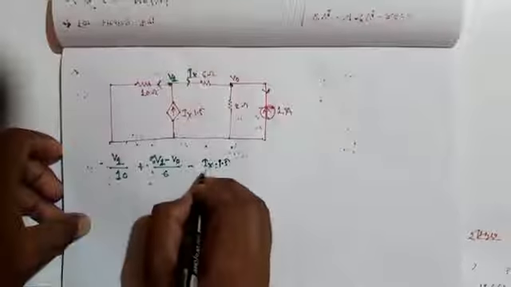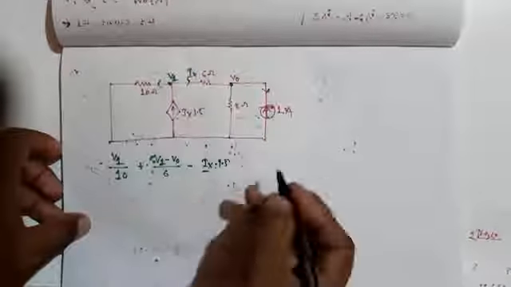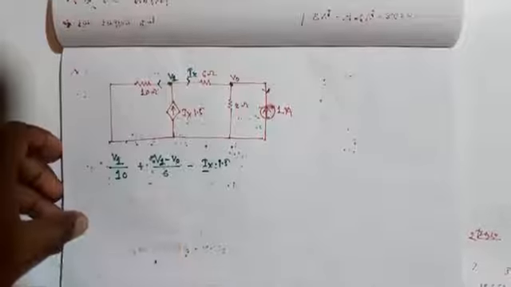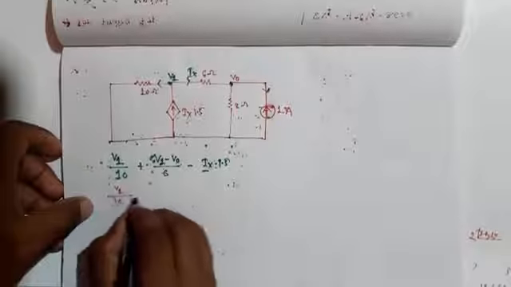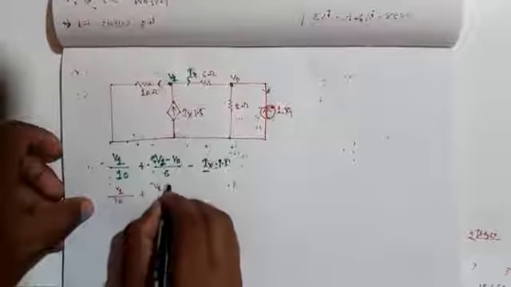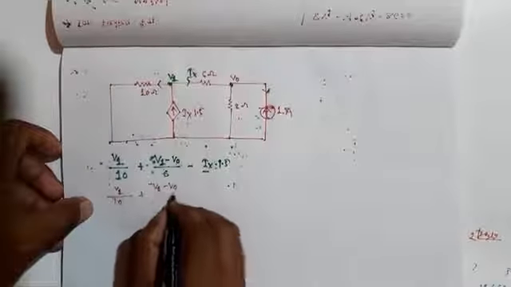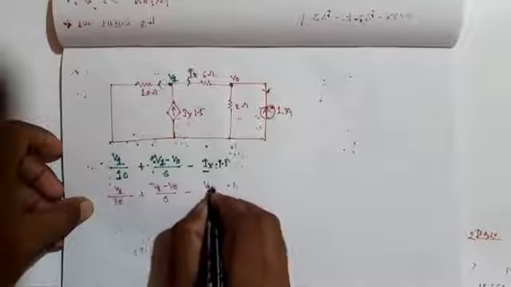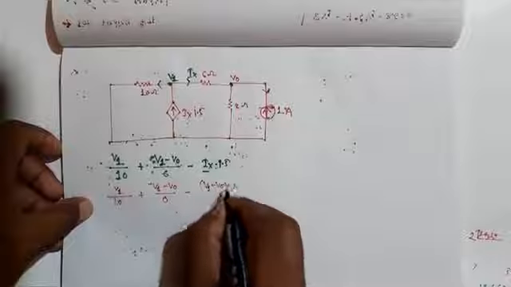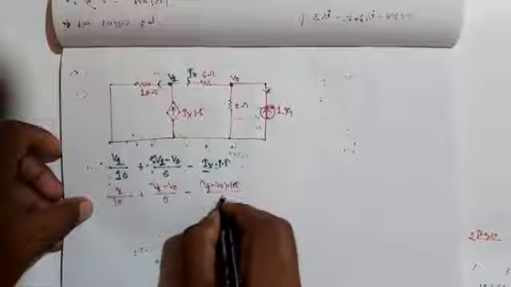We know IX is (V1 minus V0) by 6, so we put this value: V1 by 10 plus (V1 minus V0) by 6 minus (V1 minus V0) into 1.5 divided by 6.